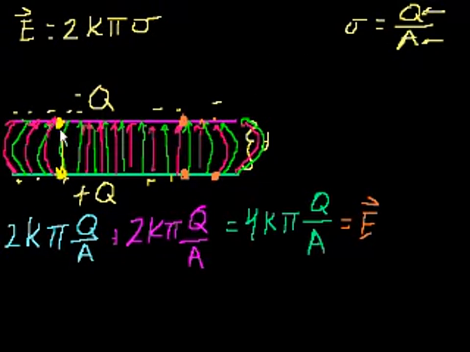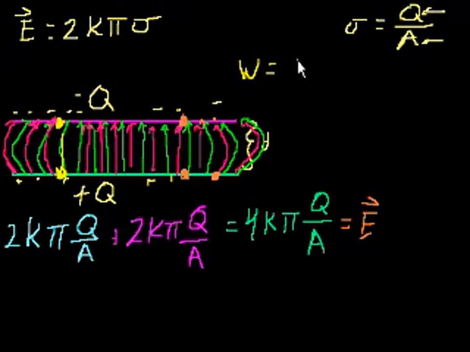Remember, electric potential energy is the amount of work necessary to move a charge from there to there. And then the voltage is how much to do it per charge. Let me write that down. So the work necessary to move a charge from there to there, let's say a 1 coulomb charge, right?